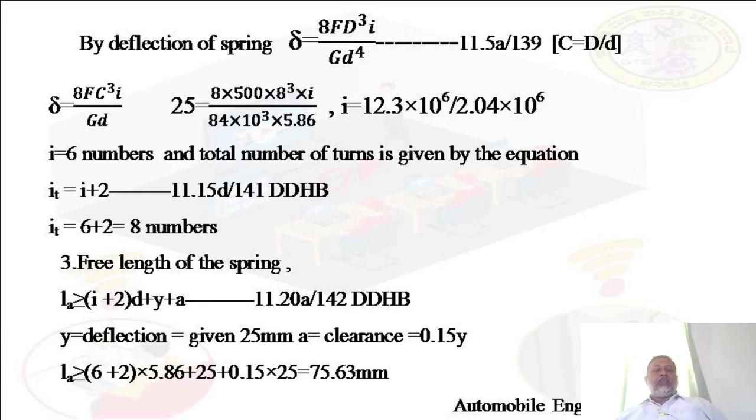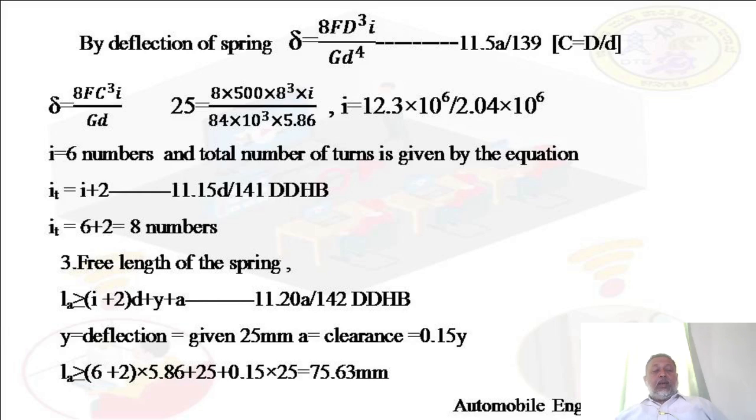Then free length of the spring is given by LA is equal to or greater than I plus 2 D plus Y plus A, that is 11.2a. So after substituting the value of Y and A, that is the clearance 0.15 Y, we will have LA, the free length of the spring, greater than or equal to 6 plus 2.